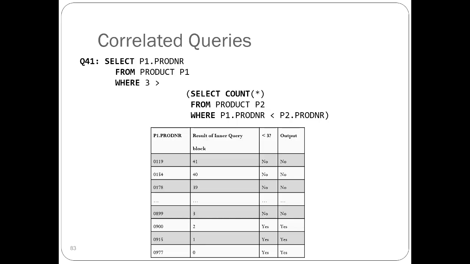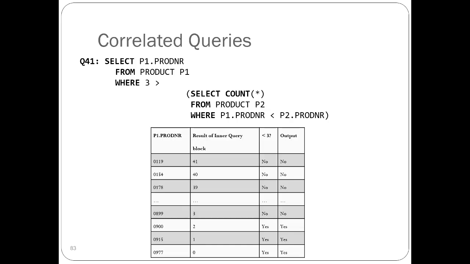So these tuples that you are getting here would be based on some initial value of P1, say in the first record where P1 has the product number as 0119. From here we will list all those tuples for the products where their product number is greater than 0119, okay. And the count here is 41.